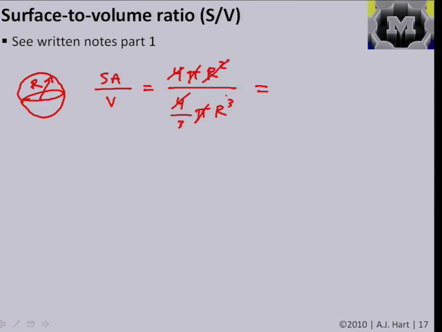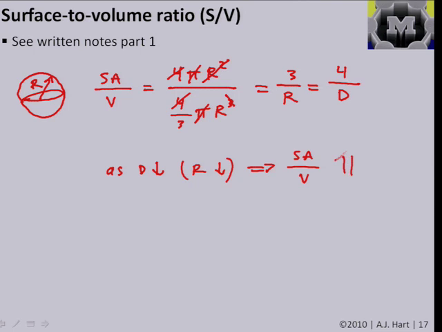We lose the r's on top, and we lose all but one of the r's on the bottom. And this is equal to 3 over r, or 6 divided by the diameter. So, of course, the idea here is that as the diameter or the radius decreases, the surface area to volume ratio goes way up.